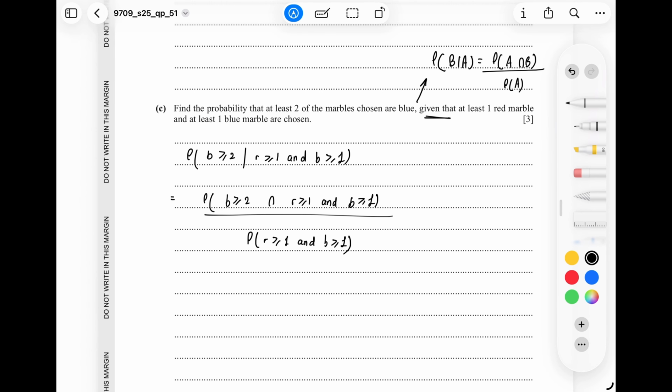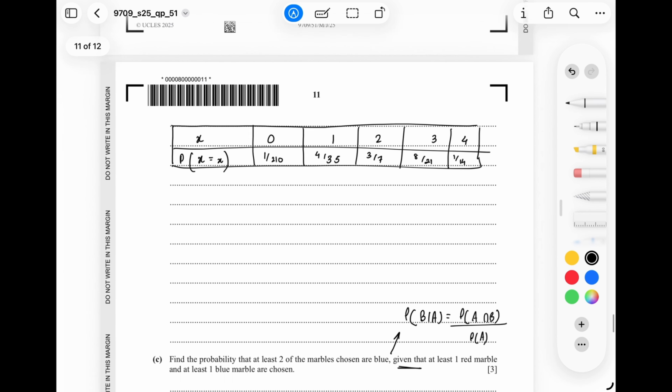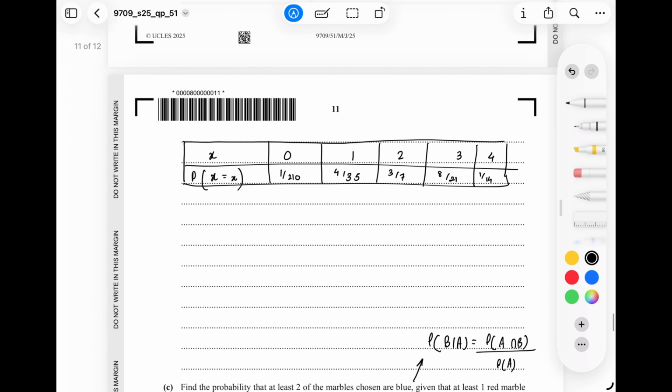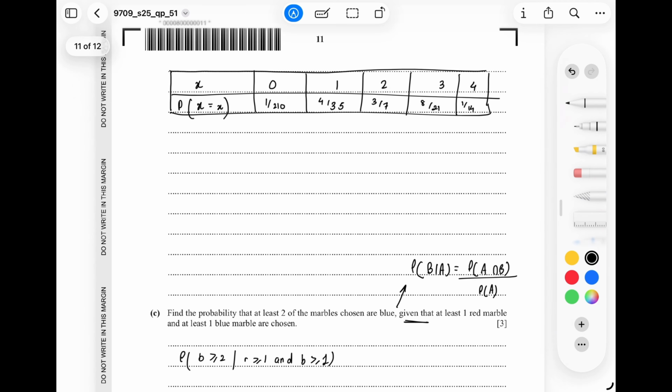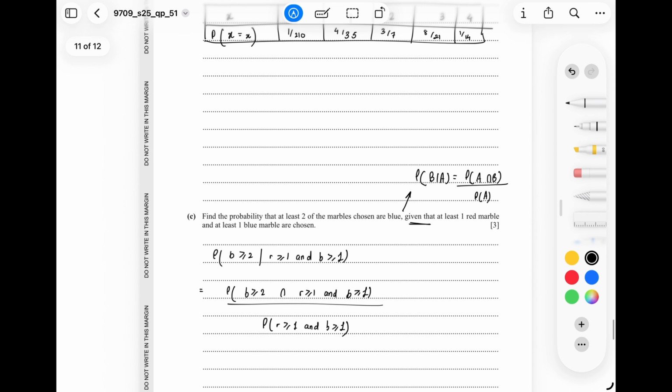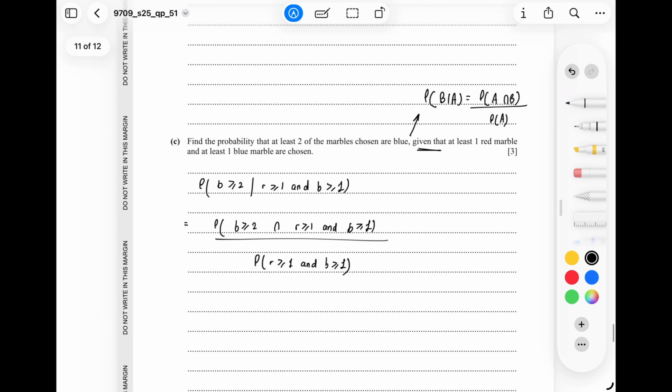And you know what's going to save you for this question? The table I just drew. That's the best way to do it, because it's a follow-up question, just use your answer from the previous question.